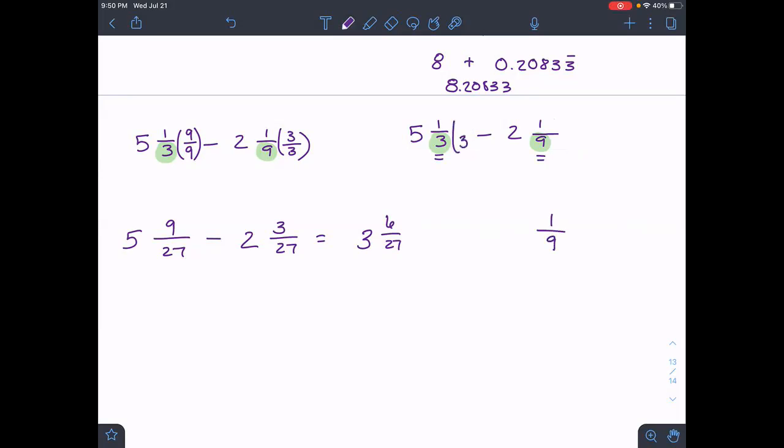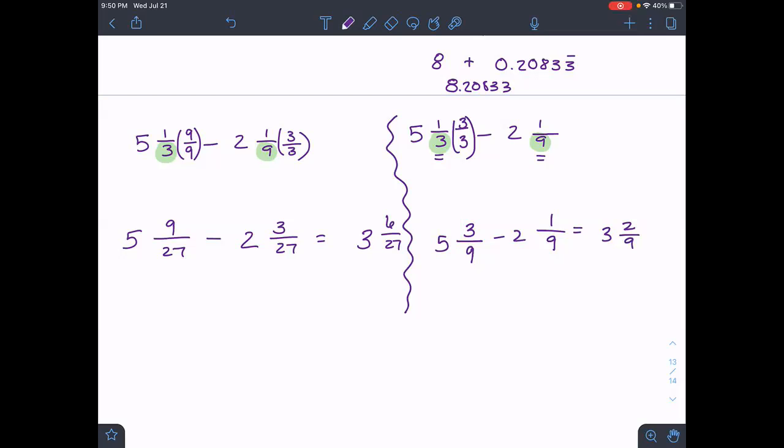That means this one is just multiplied by 3 rather than 9. So this becomes 3 over 9. And now I can combine it. 5 minus 2 is 3. 3 minus 1 is 2.